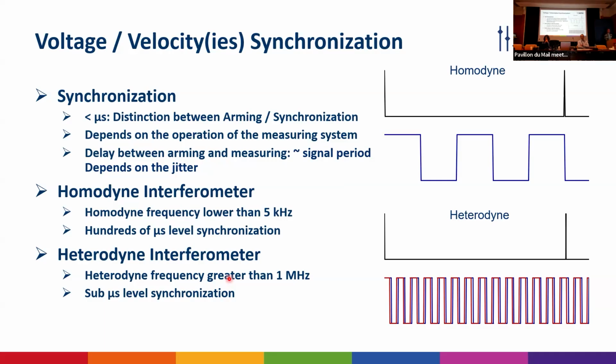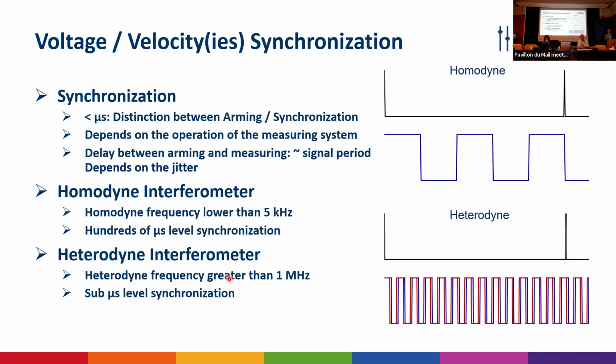So if you are considering a homodyne interferometer, events are produced about every 200 microseconds, which means that between the triggering and the effective measurement of your device, you will have to wait a maximum delay of 200 microseconds.